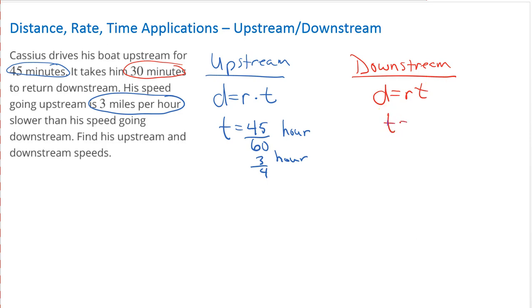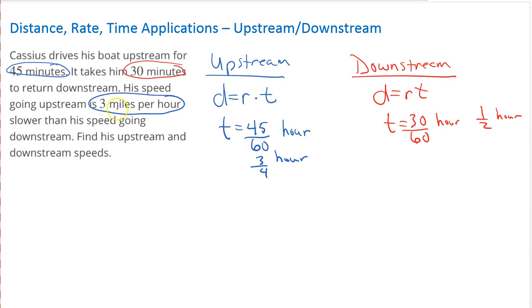So we know time here is 30 minutes. Once again, we're not supposed to write it in terms of minutes. We're supposed to write it in terms of hours. So over 60, now it's in hours. And of course we know that's 1/2 of an hour. So my time, my T, is 1/2 for downstream, back to 3/4 of an hour for upstream.